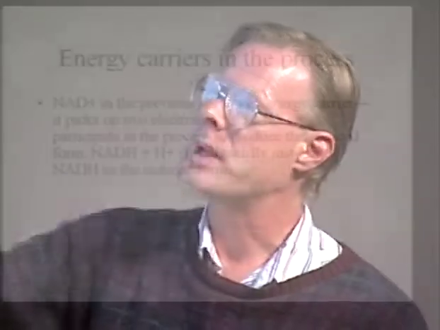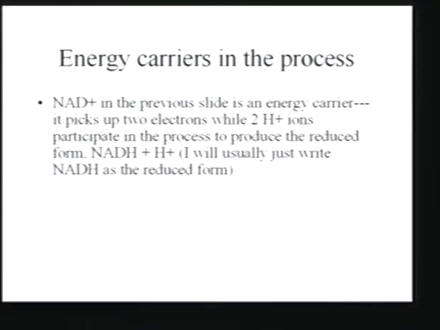We know that the H plus is involved. It follows along with the NADH, though it doesn't seem to actually be bound into the molecule. A lot of times I'll just write NADH as the reduced form. Just keep in mind there's that extra hydrogen ion sticking out there somewhere. So NAD gets reduced to form NADH. It picks up high energy electrons and stores the energy in those electrons.